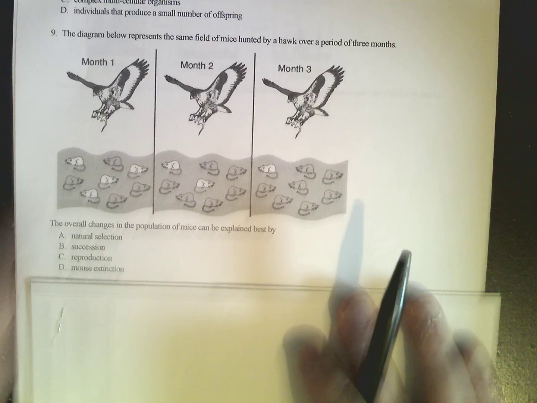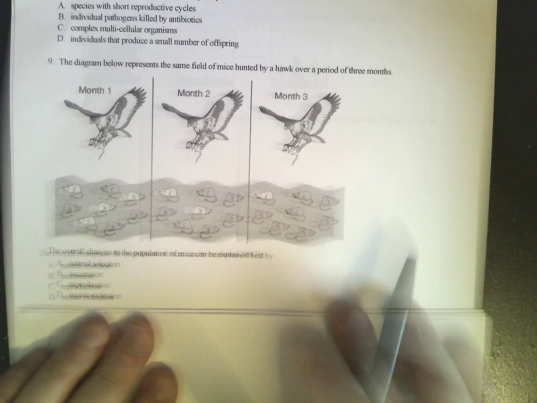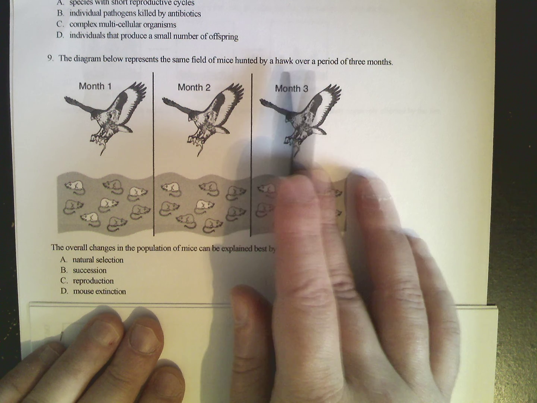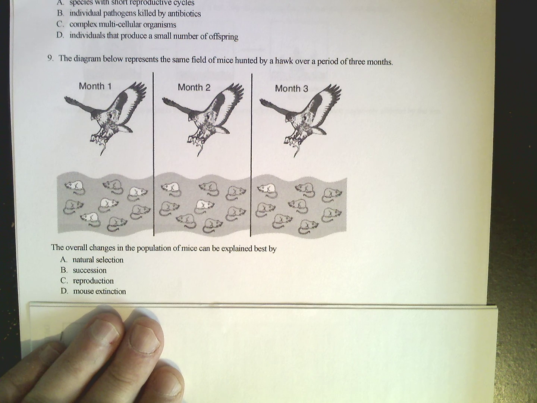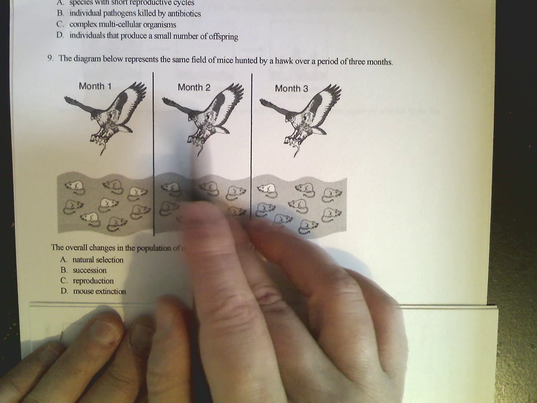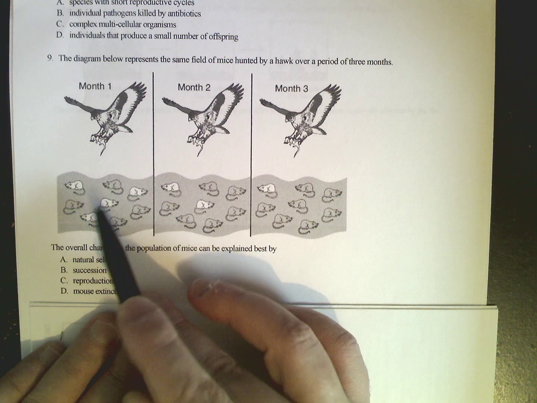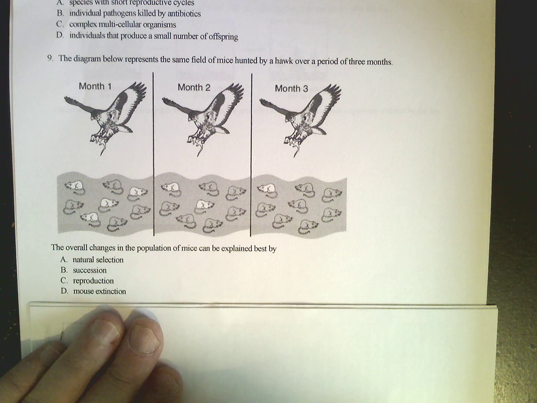Question 9. The diagram below represents the same field of mice hunted by a hawk over a period of 3 months. So over here we have month 1, month 2, month 3. You've got about 4 white mice, 4 dark colored mice.